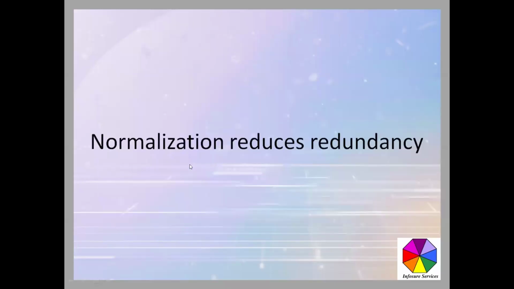Normalization reduces redundancy. It means if you store repeating data in the database, it will take a lot of space. The repeating data could be like the order number, if you are storing it in the lines table, or any other information about the order, like the customer and all that.